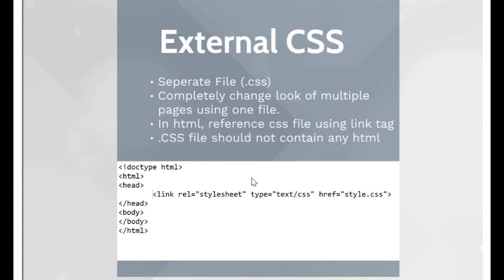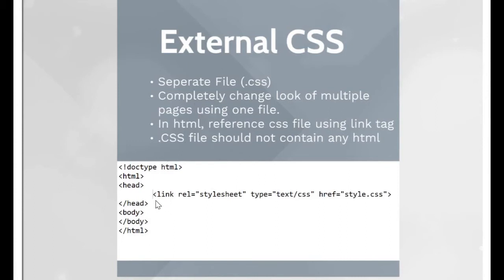I'll show you that in a bit, but for now just know that it's a separate file with this .css extension and you link that into the code in your HTML web page. I'll also walk you through the syntax of a basic CSS page in a bit, but let's go through the rest of this.